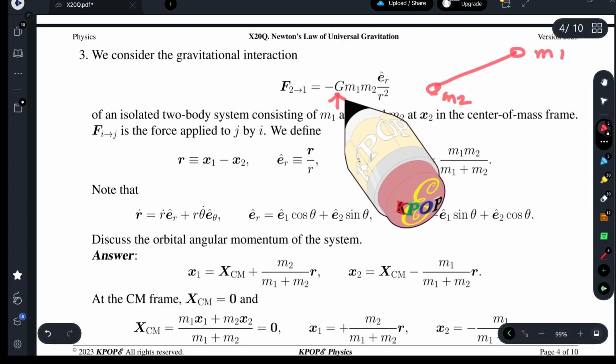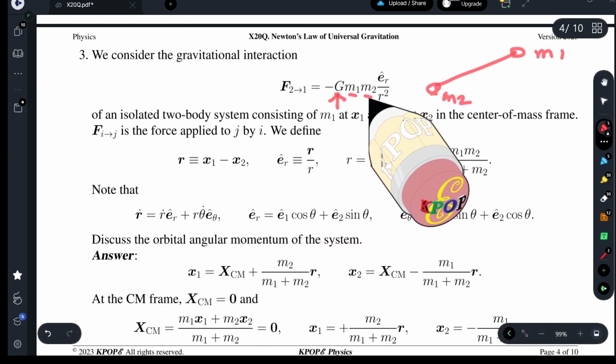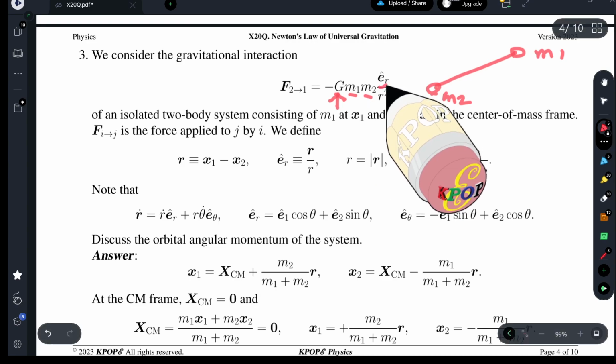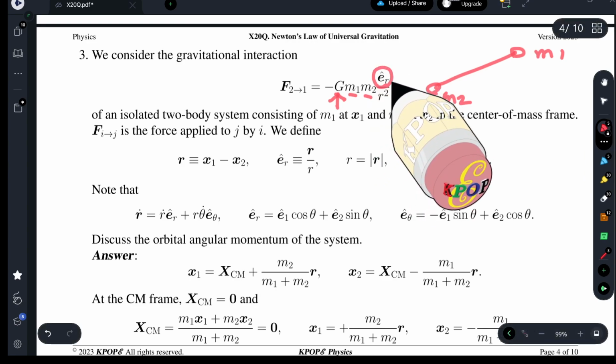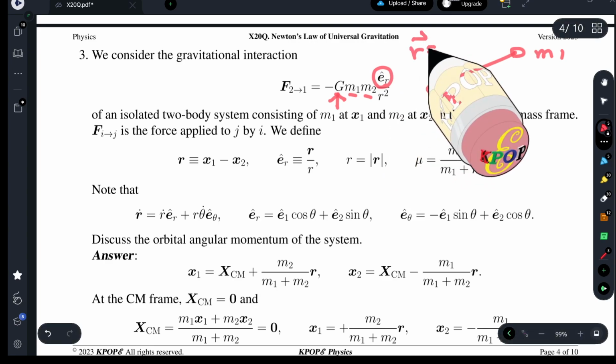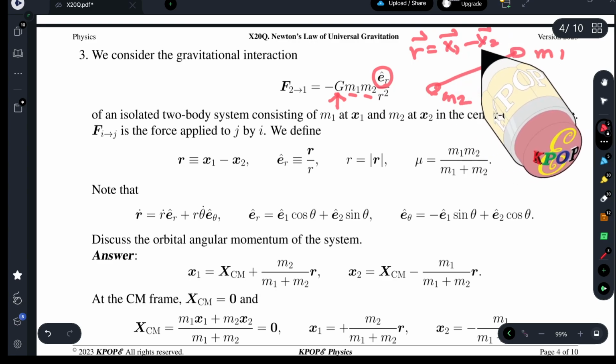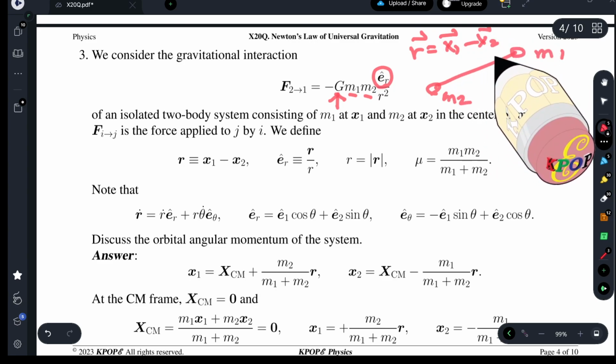And capital G is the gravitational constant, and these two are masses, and this e_r hat is the unit vector along the relative coordinate vector that is defined by the displacement of particle 1 relative to particle 2.